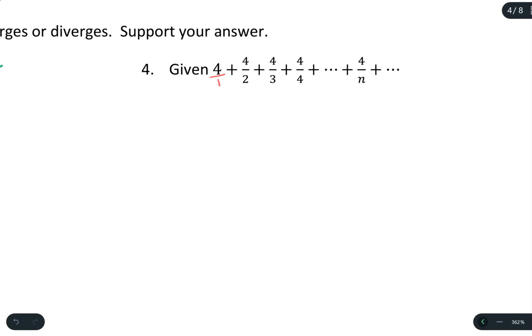So I'm going to think about this u sub n as 4 times 1 over n. So I can identify my u sub n value is going to be 4 times 1 over n. And now let's think about the different tests that we have. So the first test, is it arithmetic or geometric?